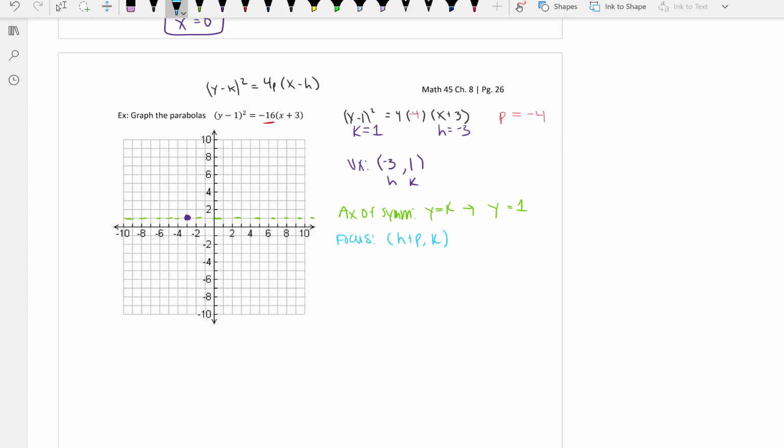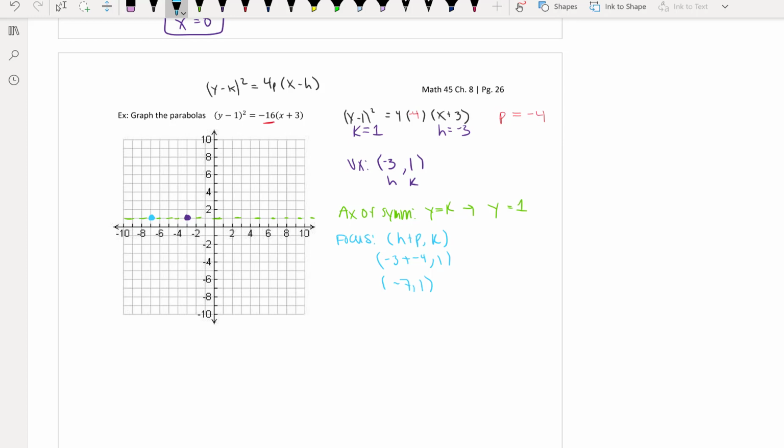So here my h value is -3 plus my p value, which is -4, and my k value, which is +1. So I'm going to have this as -7, +1. So there is my focus.